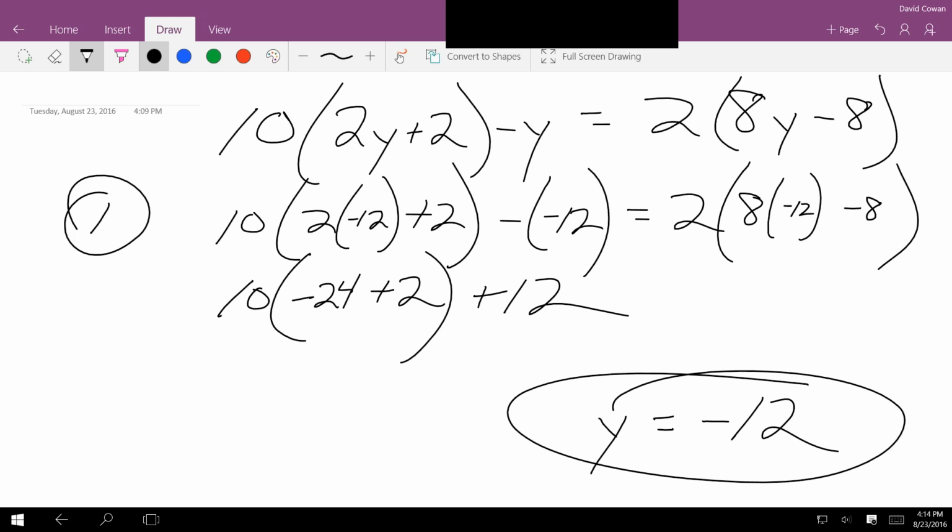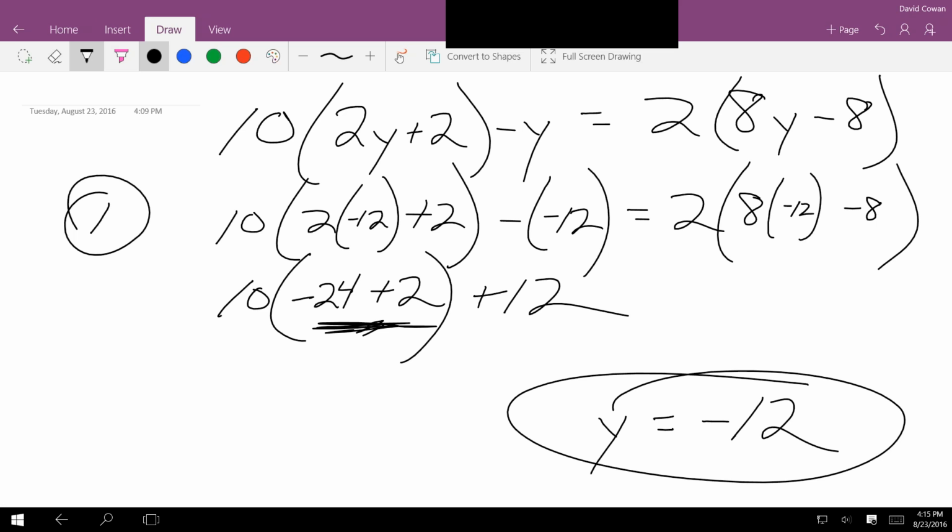What's the next thing I have to do? 8 times negative 12 is... Hold on, where'd you get negative 12 and where'd you get 8? On the right side. Oh, sorry, I was on the right side. Well, let's finish the left side. What's minus 24 plus 2? Negative 22. Okay. Times 10?